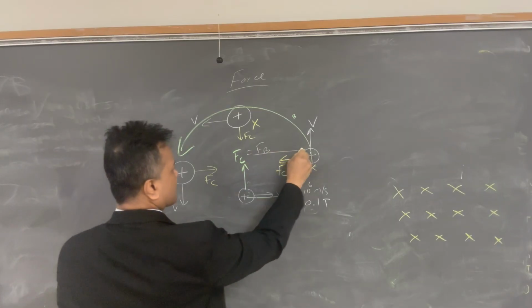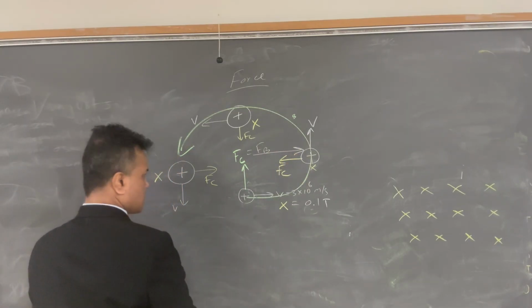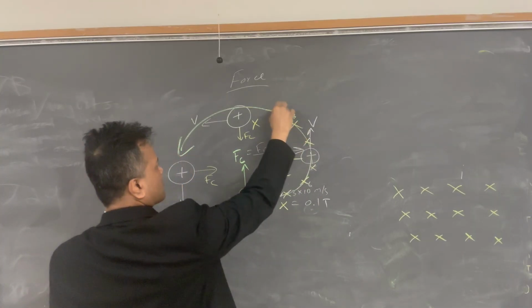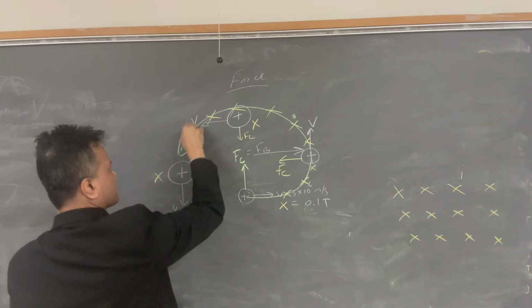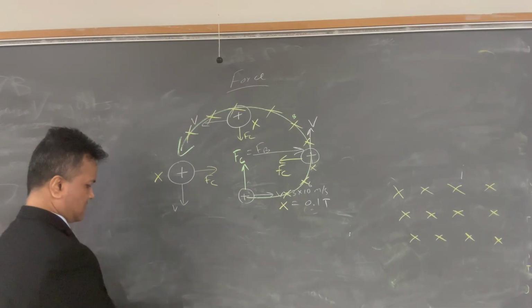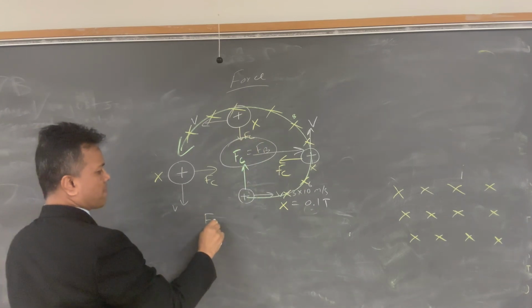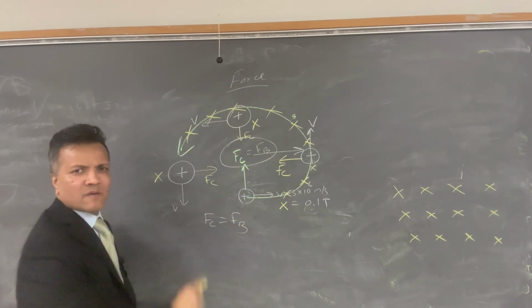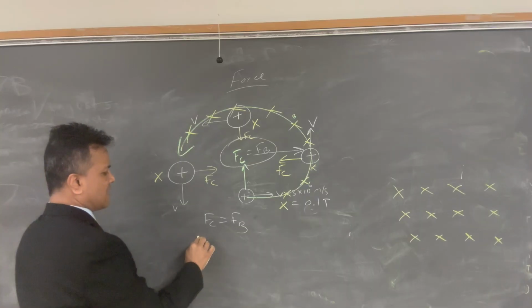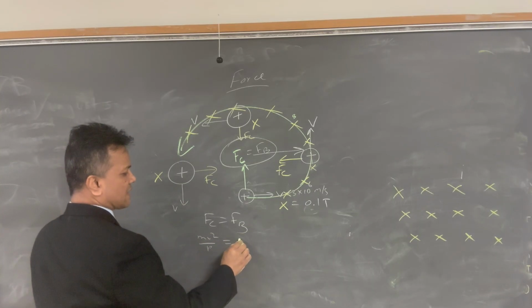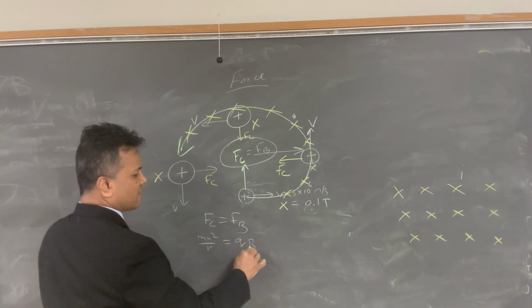Of course, you can. Okay. In this loop, the field is uniform, meaning that the size of the field is 0.1 Tesla. You can find the radius by Fc equals Fb. So Fc is mv squared over r, equal to qvB sine theta.